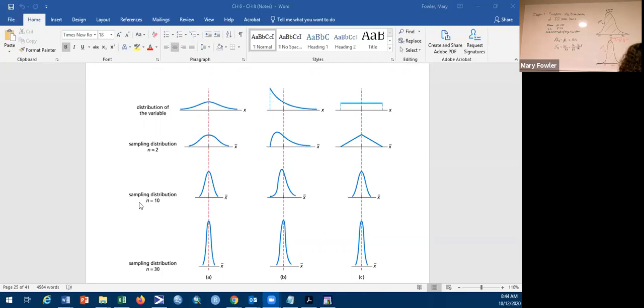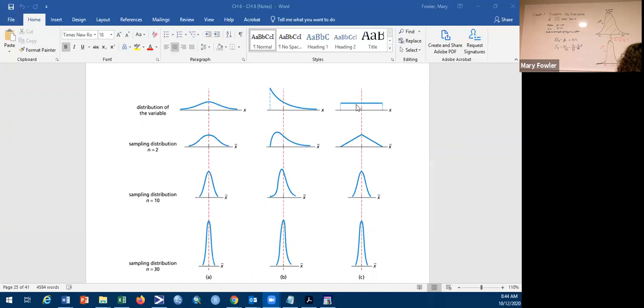And then sample size 10, it becomes a bit more like a normal distribution, but by the time we get to the sample size of 30, we do see that the distribution of X bar is approximately normal. It's not really exactly normal. We see asymmetries, but it's approximately normal.